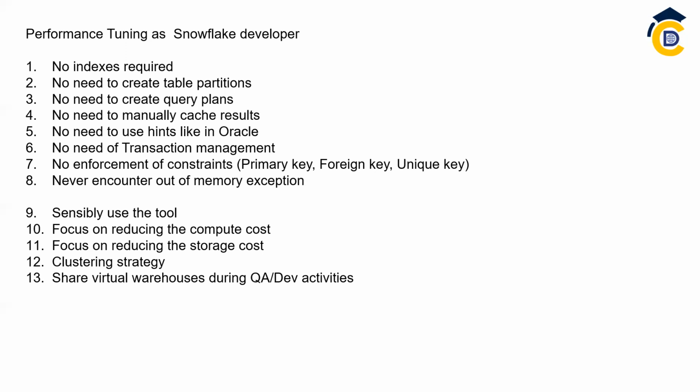All those hints you provide to an Oracle query are also not required. Transaction management also is not required. For primary key, foreign key, and unique key, there's no enforcement of these constraints. Although you can assign a primary key, a foreign key, or a unique key on a table, it will not enforce those constraints.